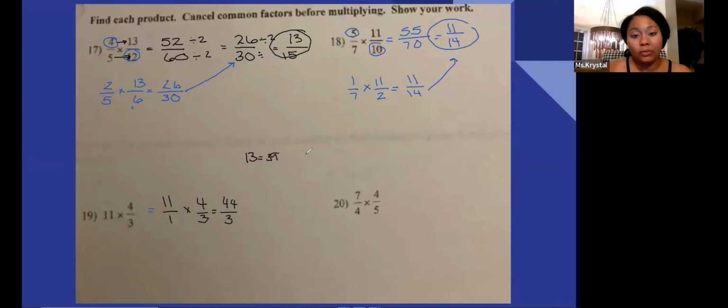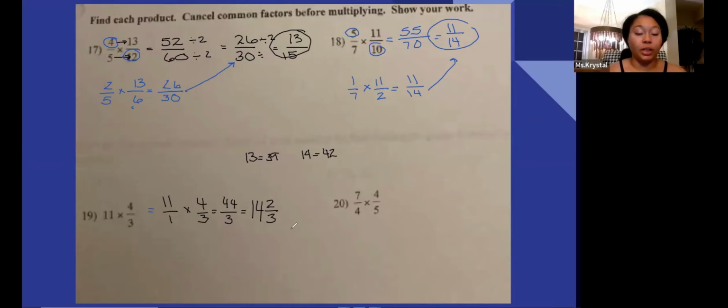I know 3 times 14, 39, 40, 41, 42. That is probably the closest that we are going to get for sure, with it being 42. So 3 times 14 is going to give us 42, 43, 44. I'm left with a remainder of 2 over 3.